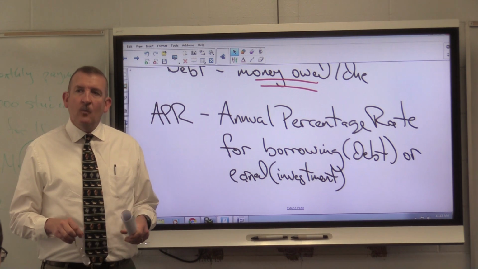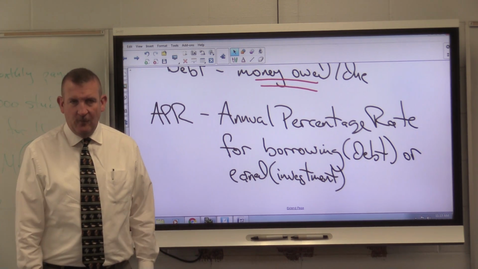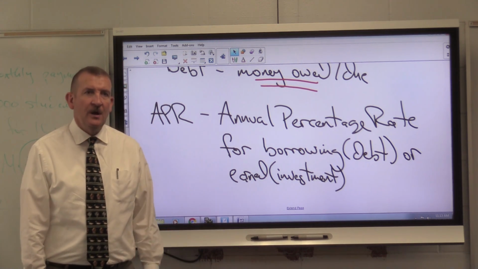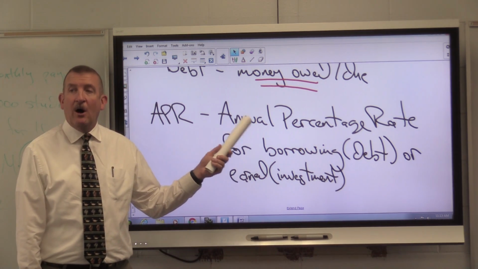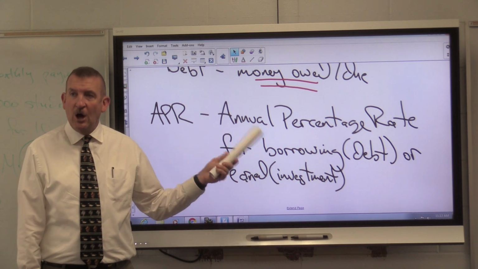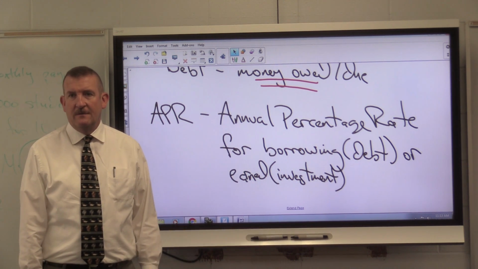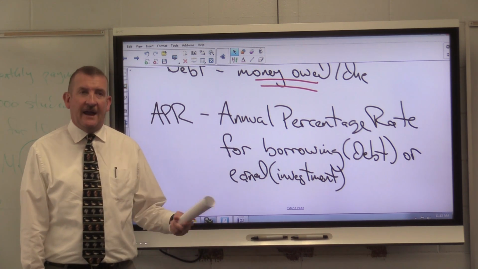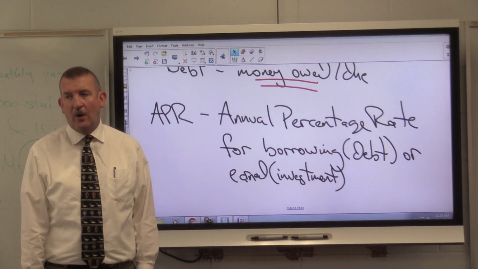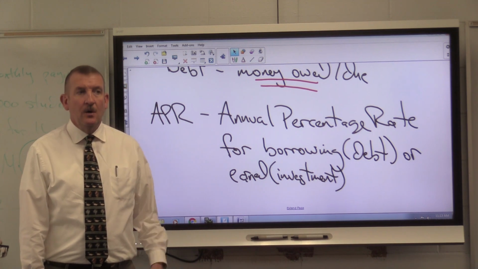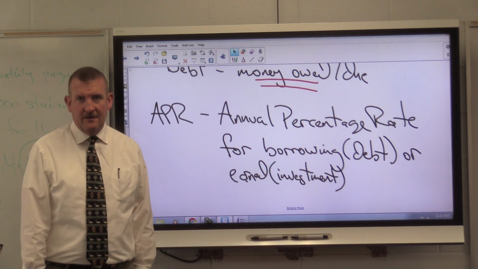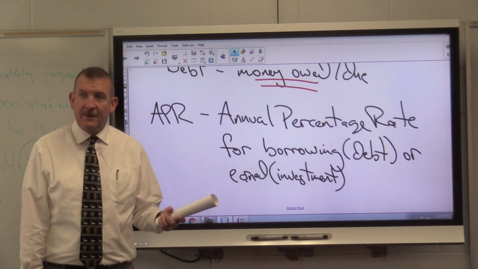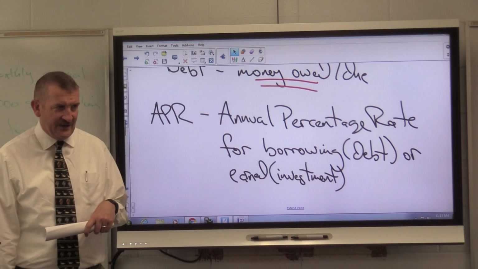But when you borrow money, whether it be using a credit card or whether it's a loan, when you borrow money, you want to borrow at a what? Low APR. You want to get the best APR that you can when you borrow money. You want a low APR. When you earn money, you want to earn it at the, not lowest APR, but at the highest APR that you can get.